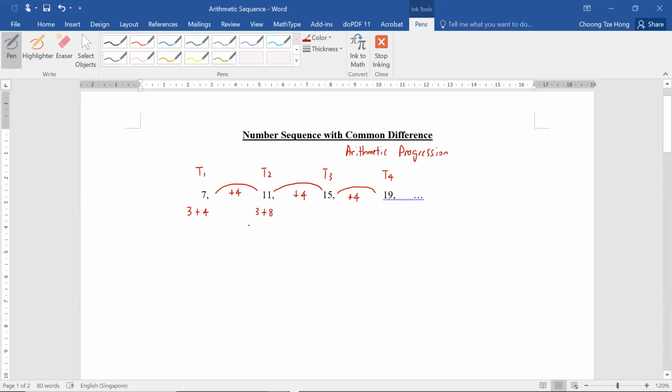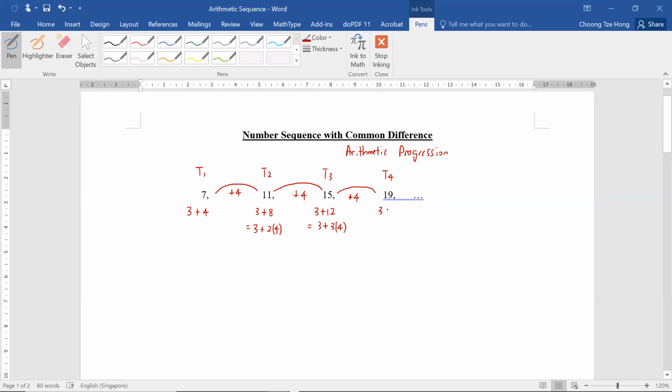But let's see what we can do with the 8. I can write it as 2 times 4, and you can see the common difference is now inside the term itself. We can do the same thing for 15. 15 we can write as 3 plus 12, so it will become 3 plus 3 times 4. You see the common difference is inside again.